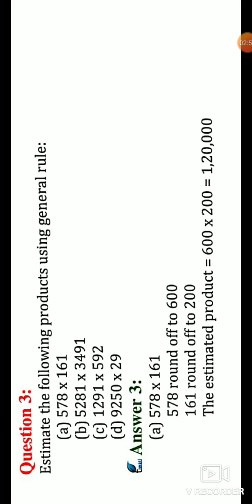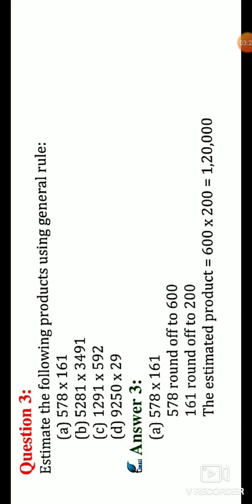Therefore multiply 600 into 200, then you will get the estimated product. In 200, 2 zeros are there. In 600, 2 zeros are there. So write 4 zeros as it is. Then 6 into 2 is 12.